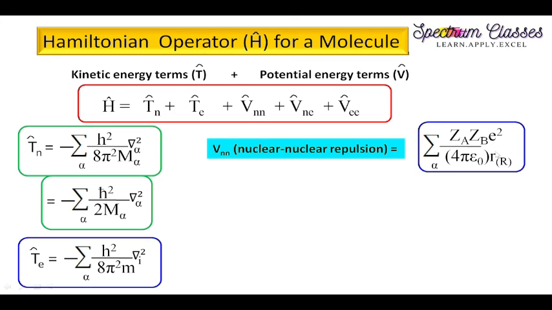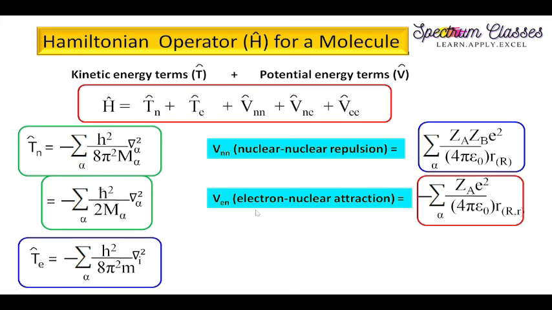Here R is the distance, and this R depends on the internuclear distance, right? Similarly, for electron nuclear attraction, we have this term ZA e square upon 4 pi epsilon 0 R. R is the distance again, and this distance depends on the nuclear and electronic coordinates, right?